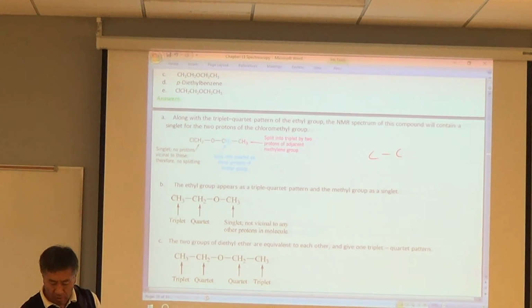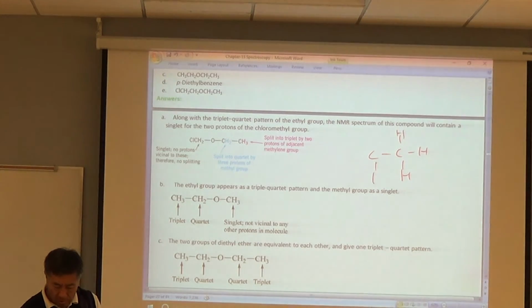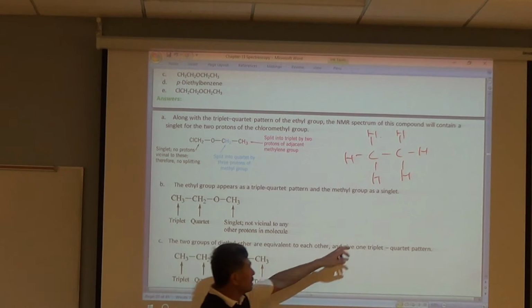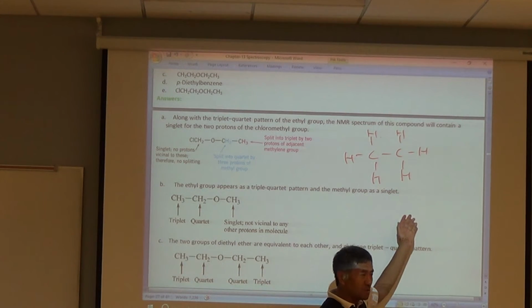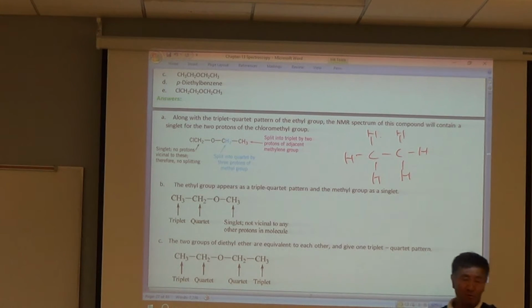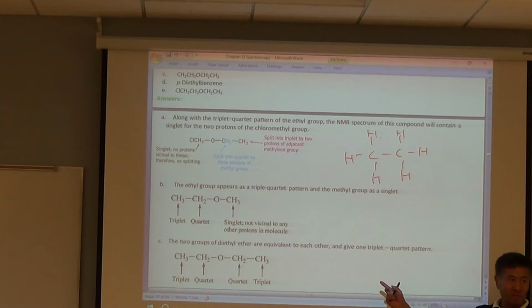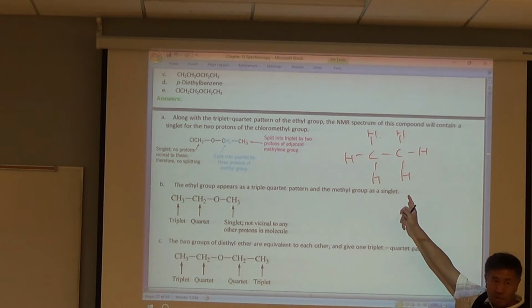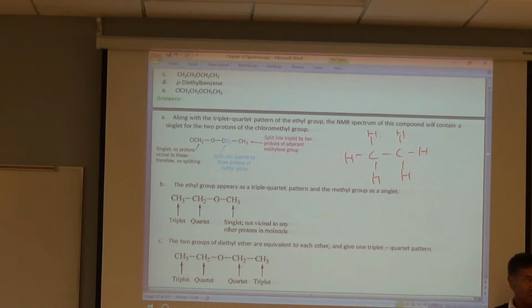So if you only have 2 carbons like this, technically the H on the right side can split the signal from the left side, but if you only have this single structure, the CH3CH3, all 6H, those 3H are the same, and the same H will not split.